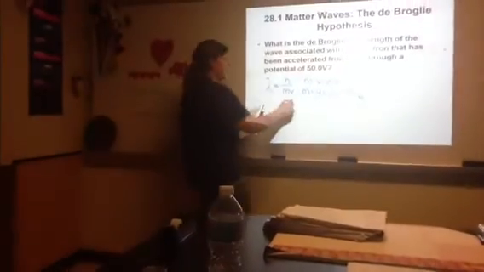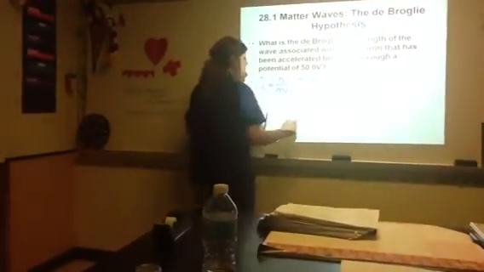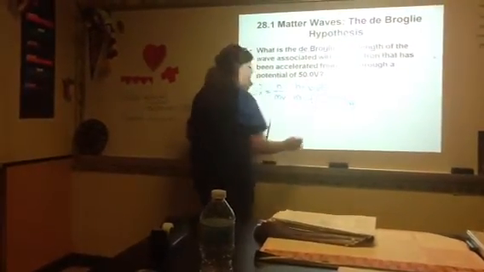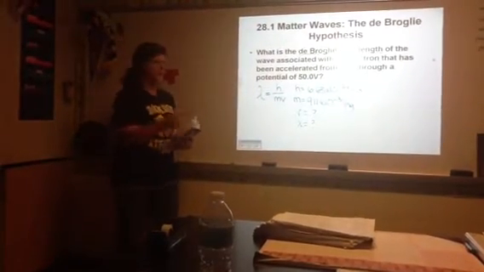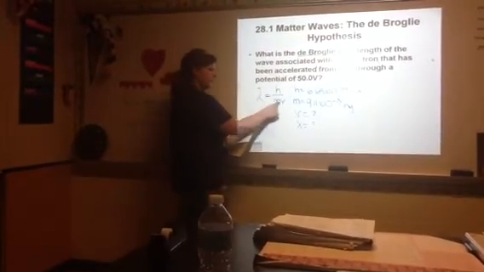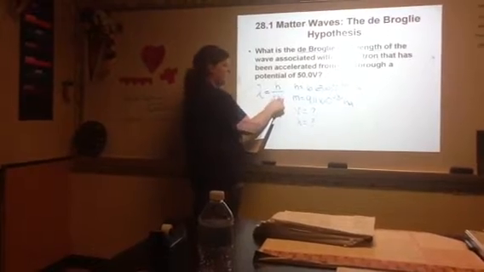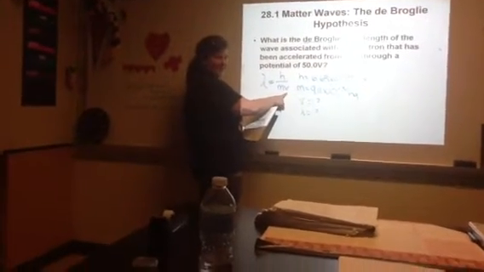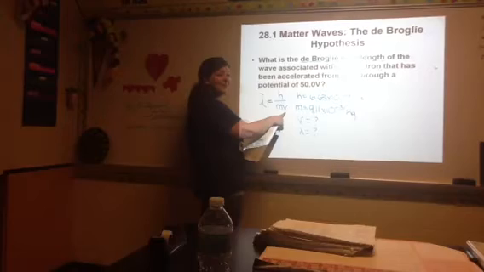Okay, so I don't know v, and I'm trying to solve for my lambda, so here's my problem. I want this, but I don't know this, but I can find this. How do you think we're going to do that?